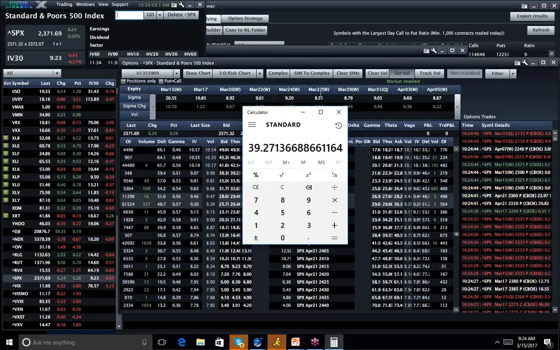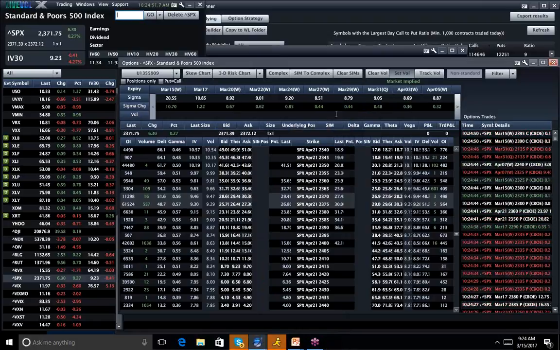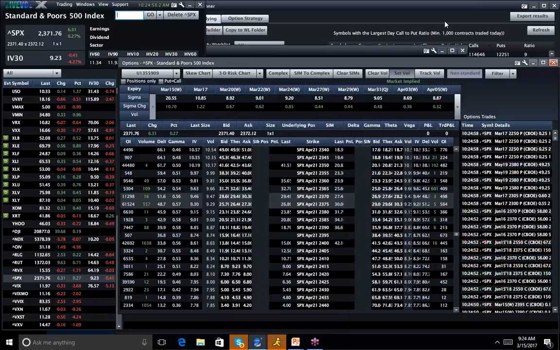Now, what about longer dated? If I'm doing a standard month, I really don't do a butterfly outside of 35 days. There are much more efficient trades.